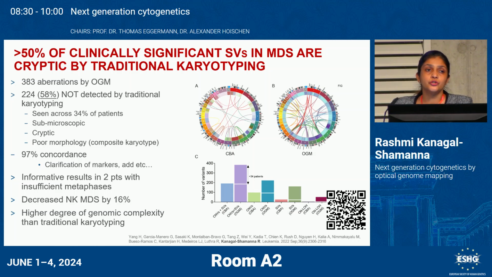In our institution, MECOM rearrangement patients are enrolled into menin inhibitor trials, so it does have an immediate therapeutic impact for these patients. And overall, we showed about 97% concordance with the conventional karyotype. A couple of patients with non-informative karyotype, with insufficient metaphases, we were able to demonstrate significant abnormalities.